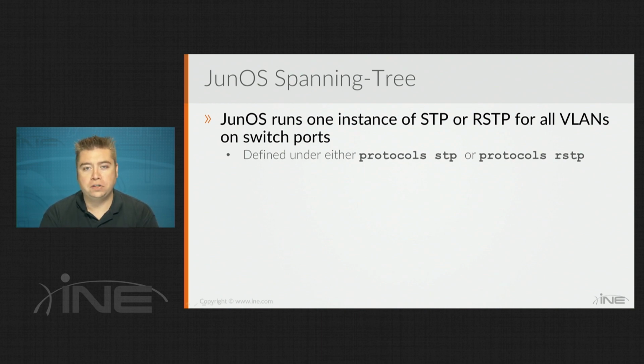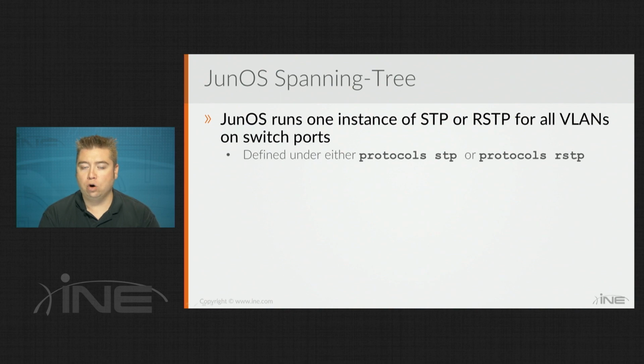But one of the key differences here versus Catalyst iOS is that regardless of whether we're running the legacy protocol or the rapid variation, we're only running one instance for all VLANs. So this means that when we go to interoperate with Catalyst, there's going to be some issues, because Catalyst is normally running the proprietary version of either regular spanning tree on a per VLAN basis, or the rapid variation on a per VLAN basis.